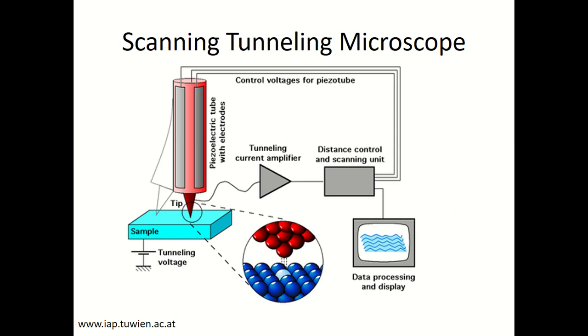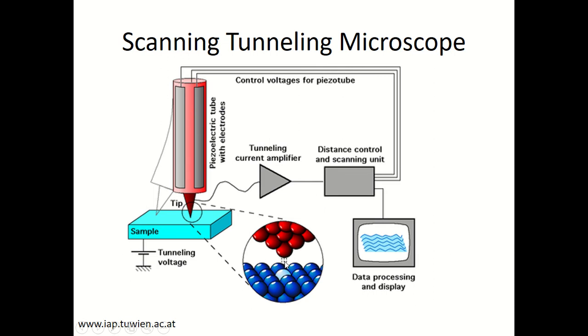So this tip is just moved on the sample surface. The tip is mounted on 3 mutually perpendicular piezoelectric transducers, and these piezoelectric transducers change their dimensions. That means they compress or expand based on the voltage that is supplied to them. Okay, so there is a feedback circuit, and if the tunneling current is higher, voltage is also higher, and then they shrink a little bit.